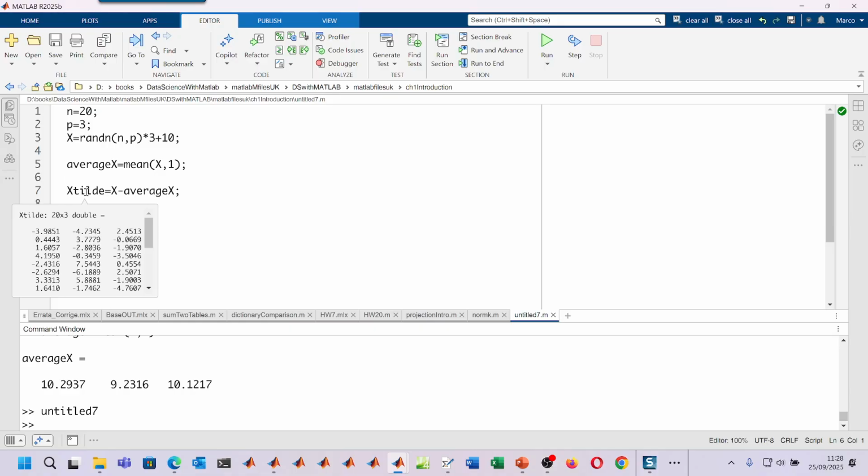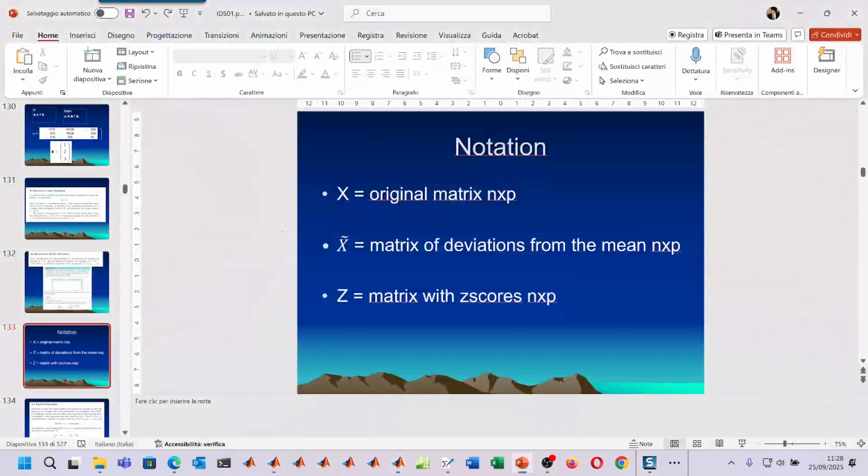No, the mean. Later we deal with the standard deviation. You see, now from each column I have removed the mean. From the first column I removed the mean of the first column, from the second column the mean of the second column, and for the third column I did the same. Then I get a new matrix, which is called x tilde, the matrix of deviations from the means. This matrix has the same size as the original matrix. The original matrix was 20 times 3, and this new matrix is 20 times 3. So the matrix of deviations from the mean is n times p, if the original matrix was n times p.